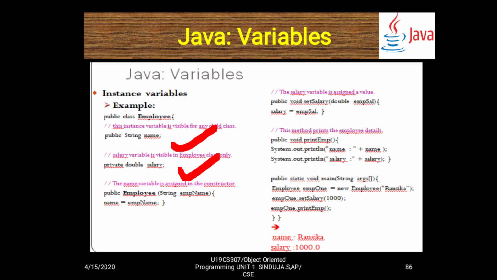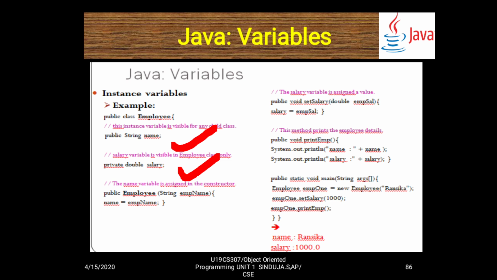So where is my method? Public employee, do you find here? Public employee string emp name. It has open and close, right? So I am stating it as a function, but it has a special meaning. Let me come to it after the explanation of instance variable.